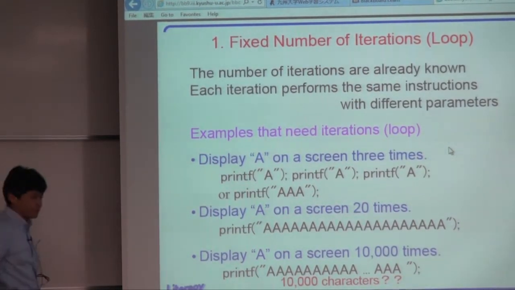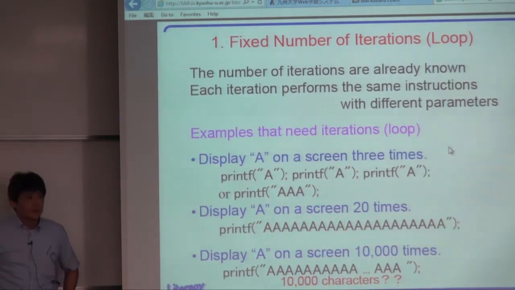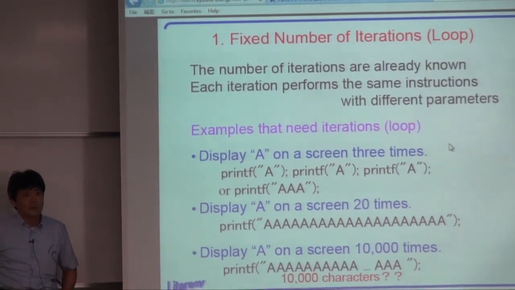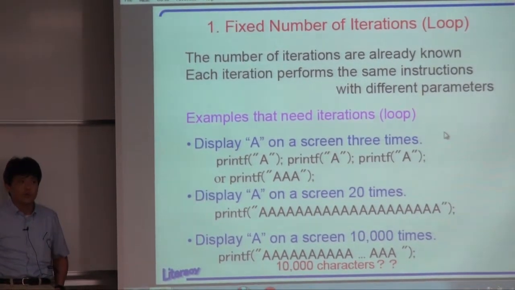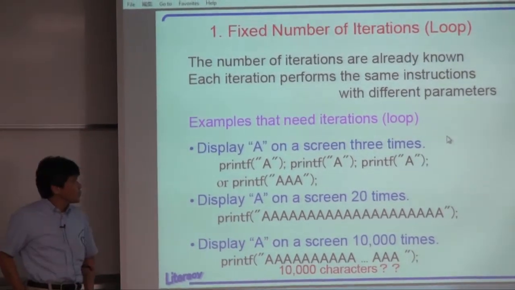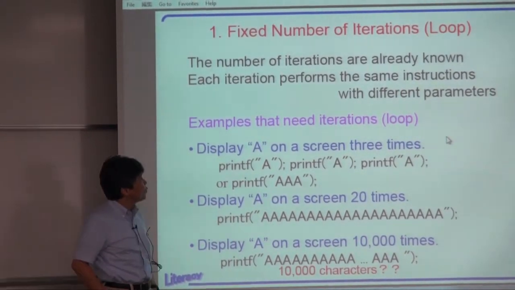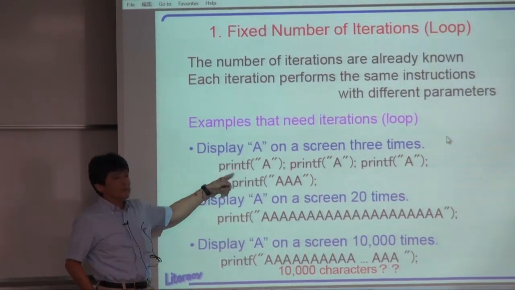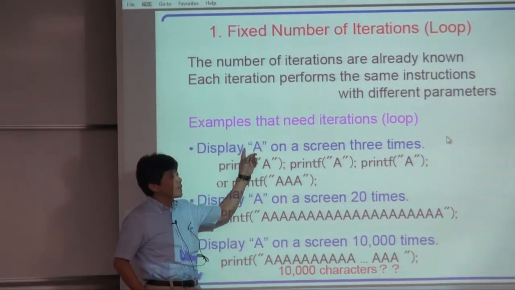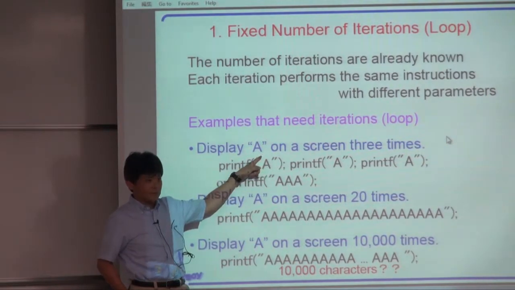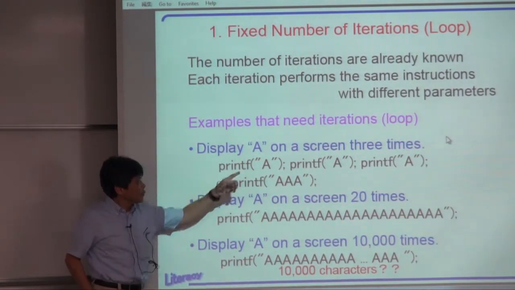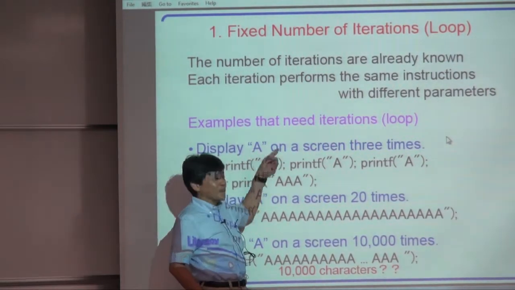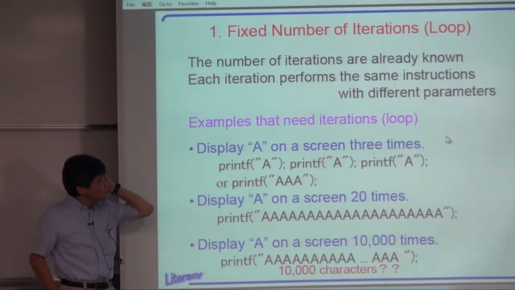So why does the programming language provide loop sentences? Do you know? For example, if you want to print out a certain string, for example, only one character, a string, such as A, three times.